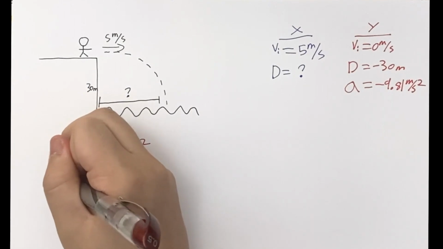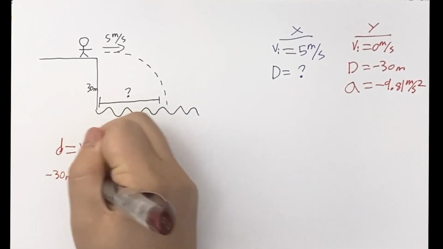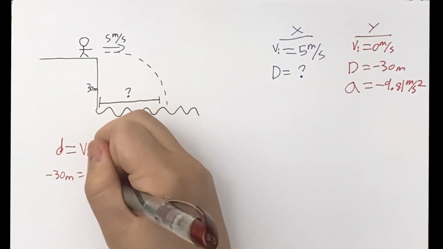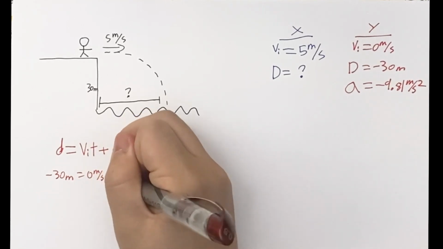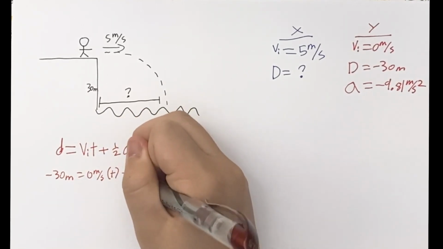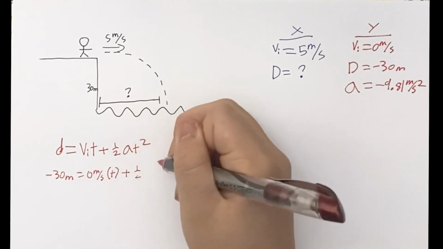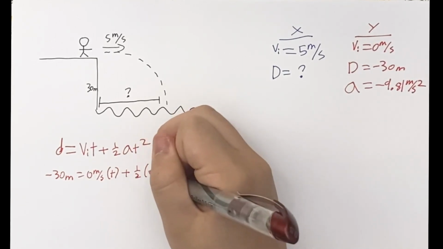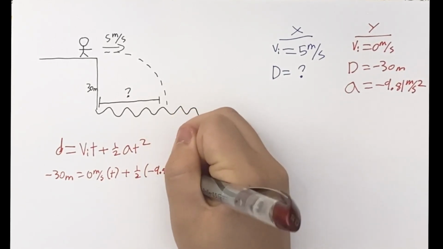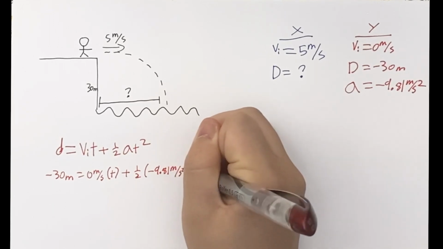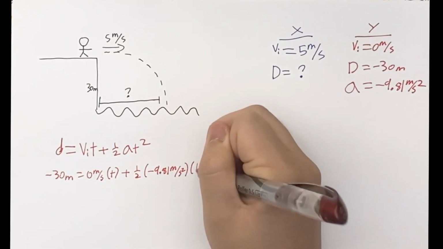So we have negative 30 meters is equal to the initial velocity, which is 0 meters per second, times time, plus 1/2 the acceleration, negative 9.81 meters per second squared, times the time squared.